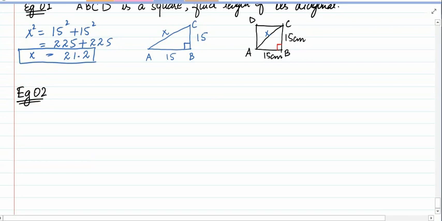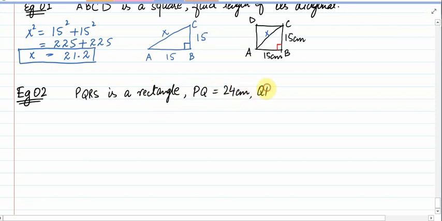Similar question, but now I say that PQRS is a rectangle. The first one was a square and this one is a rectangle. The length we know is PQ is 24 centimeter and QR is 15.